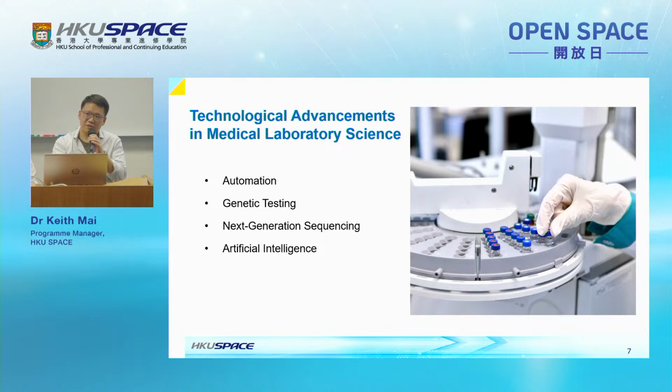Related to that is next generation sequencing, where instead of looking at specific genes, we can look for a broader base. And finally, artificial intelligence, such as in digital pathology, where the computers or AI models can help the technologists or the pathologists, the doctors, make the diagnosis.